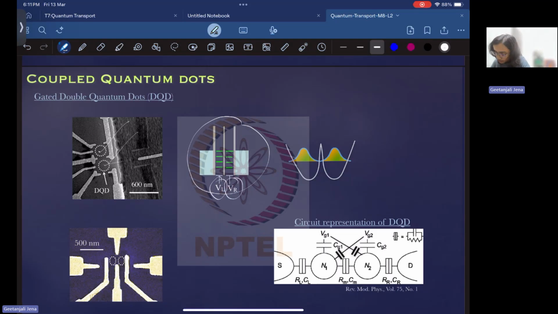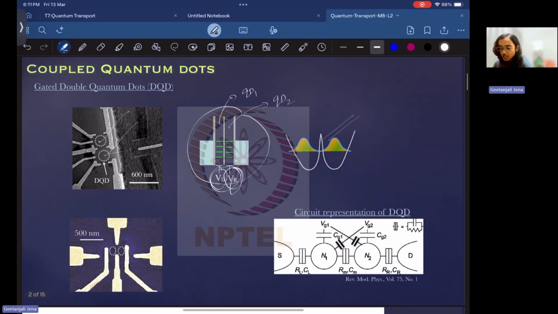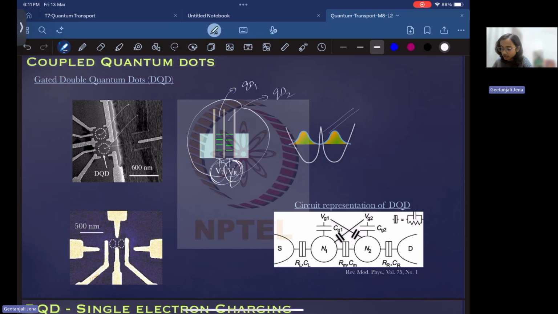VL and VR are plunger gates. VL controls the electrostatic potential of quantum dot one, QD1, and VR controls the electrostatic potential of quantum dot two, QD2. We will see this figure in the next slide, but for now, let us see the transport properties in different regimes.